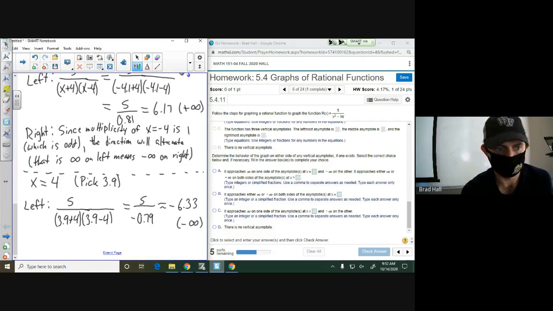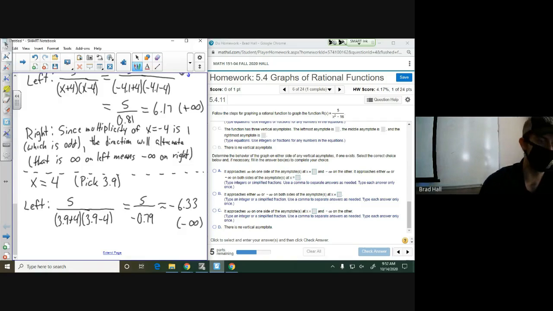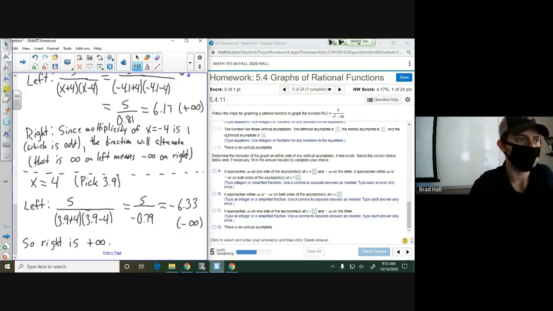And since the multiplicity of 4, we saw, is the same argument as before, the right side will be the alternative, positive infinity. So both of these alternate.